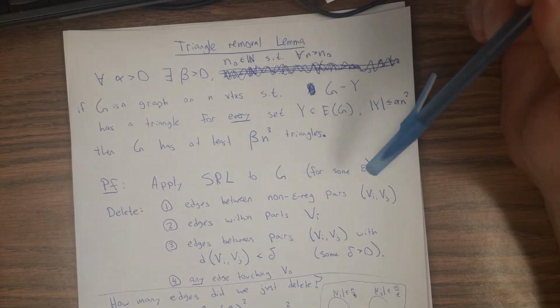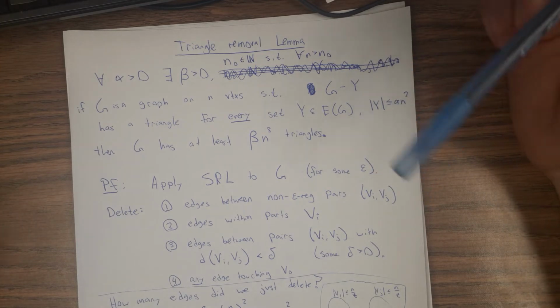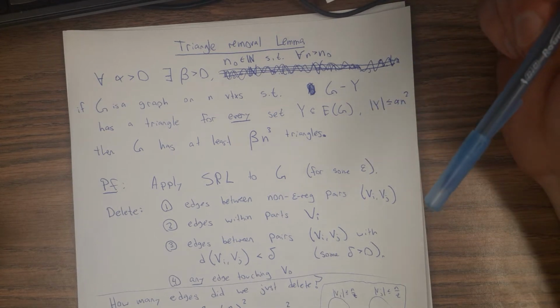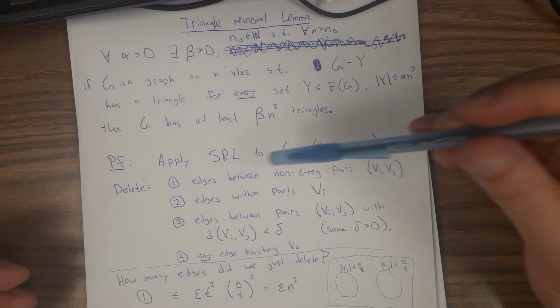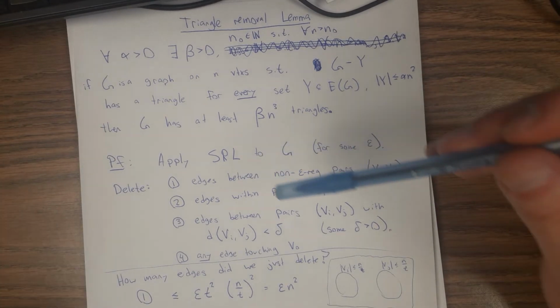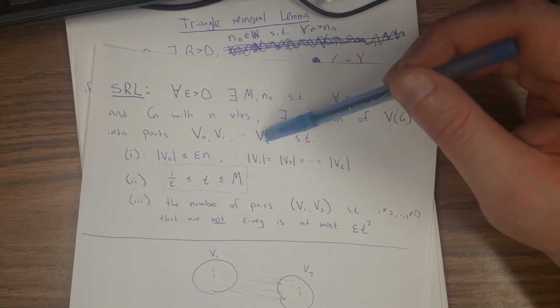Now, we're going to delete some edges based on the partition that Szemerédi's regularity lemma spits out for us. First of all, we have this partition into parts V0, V1, all the way up through VT.